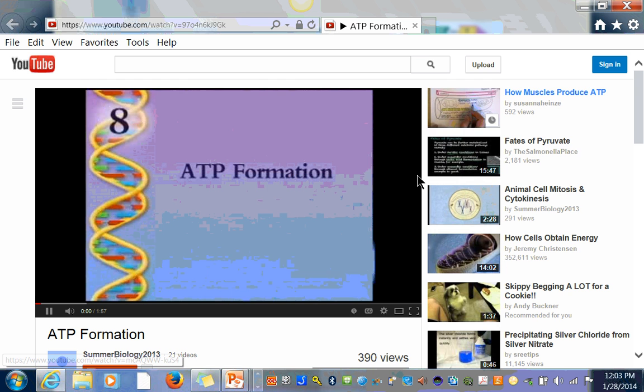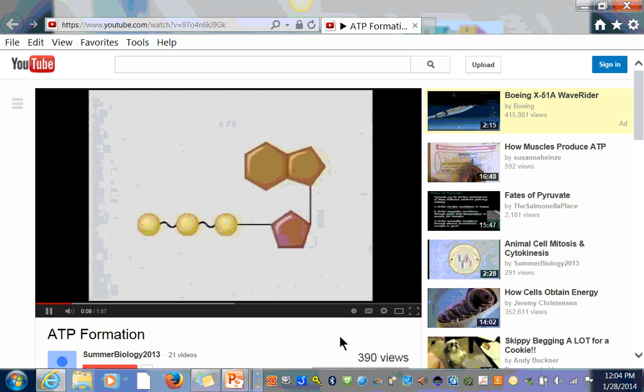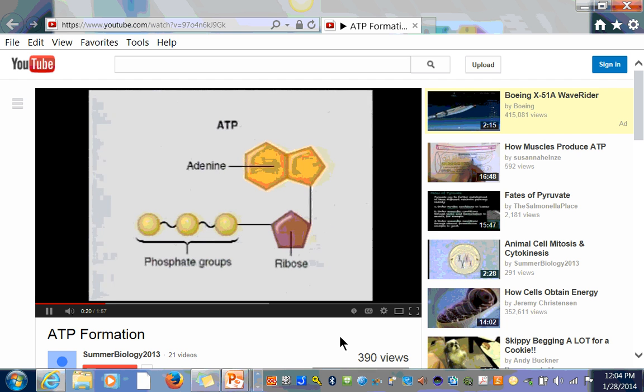The molecule used by most organisms to transfer energy is called adenosine triphosphate, or ATP. An ATP has 3 parts: adenine, ribose, and phosphate groups. Adenine is one of the bases found in DNA and RNA. Ribose is a sugar molecule found in RNA.